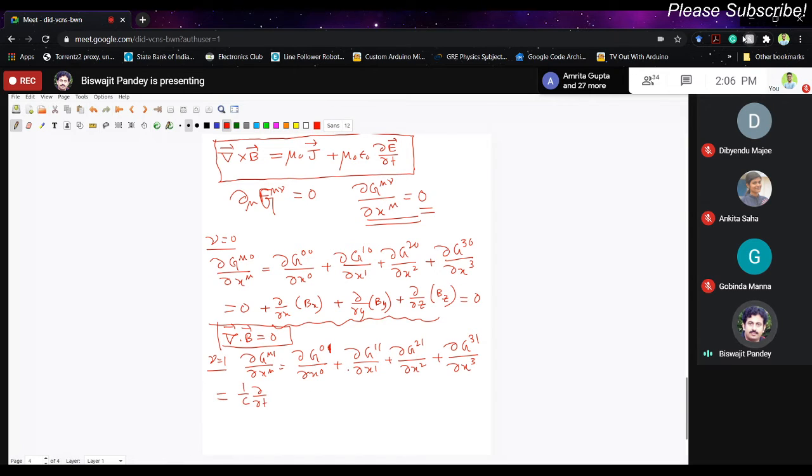And you have to remember what was F01. F01 was minus Ex by c. So all E by c replaced by B, right? So it will be del t of minus Bx. The diagonal terms would be 0. This will be again del y of, you have to remember this one, 2, 1.